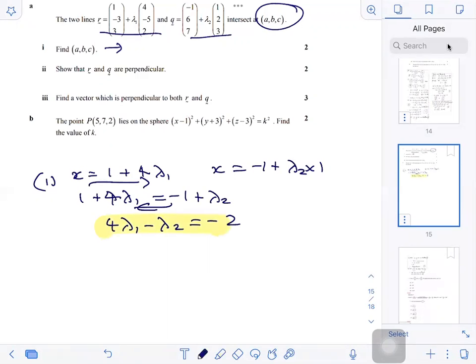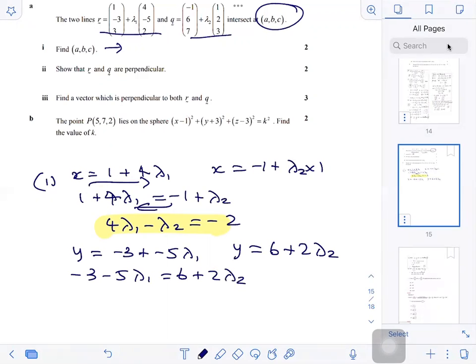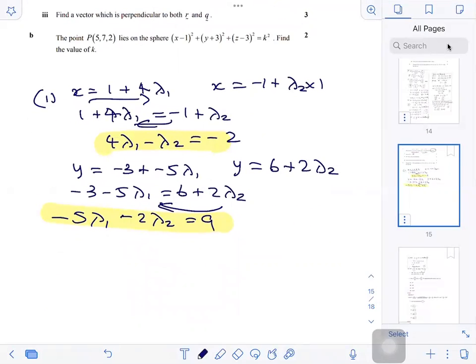And then I'm going to do the y values. So y equals -3 minus 5t1, and y on the other line equals 6 plus 2t2. These have to be equal. If you move this over, -5t1 minus 2t2 equals 9.